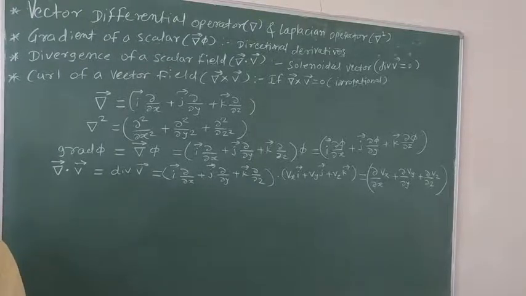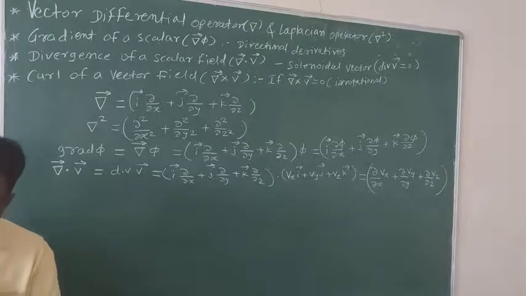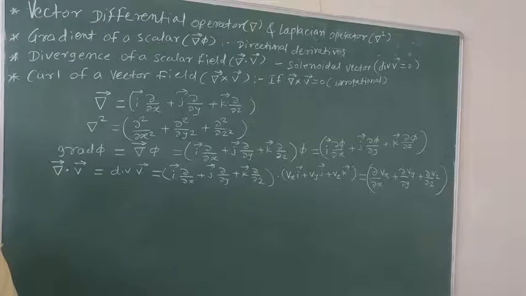For example, when the divergence is negative, it gives the rate at which fluid is flowing towards the point per unit volume.